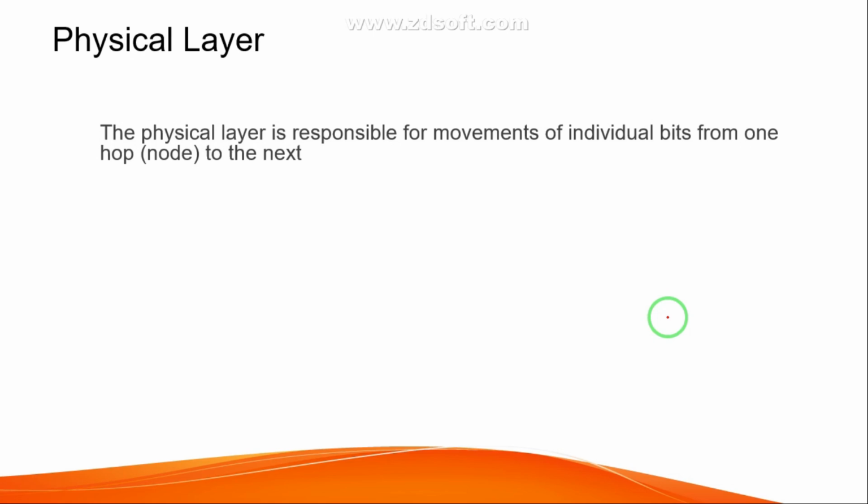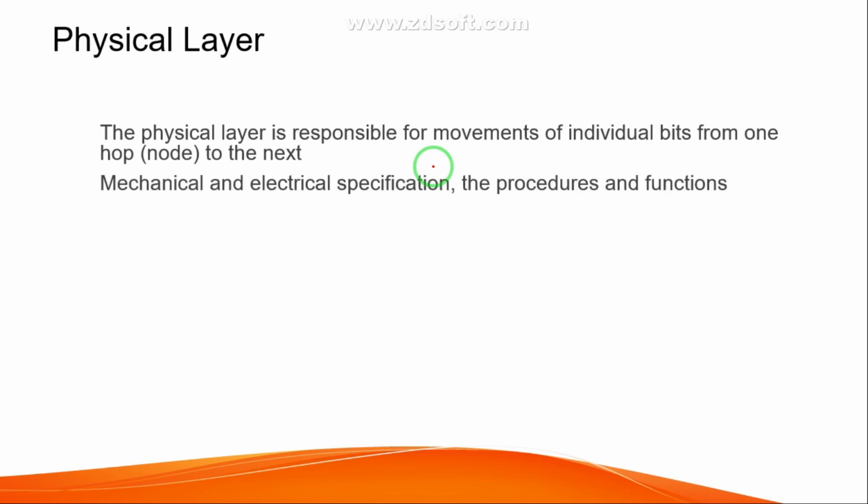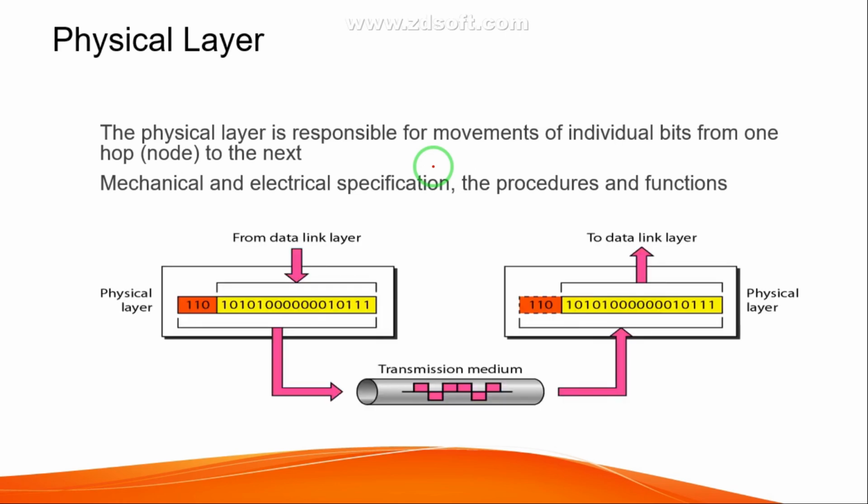Now the physical layer is responsible for the movement of individual bits from one hop, from one node to the next node. Hop in the sense, guys, node over here, just next to next. It is going to specify the mechanical and electrical procedures and the functions of those hardware equipments.